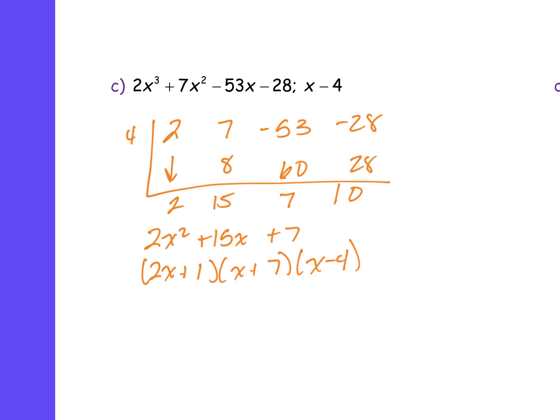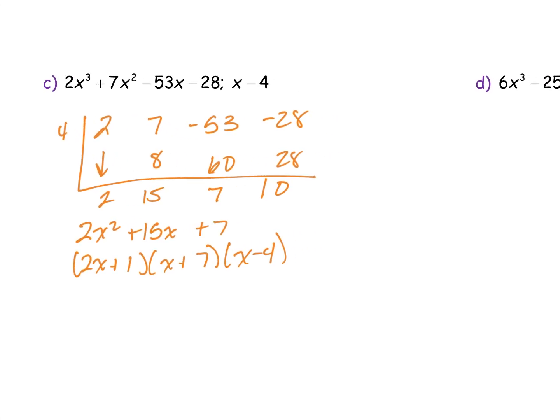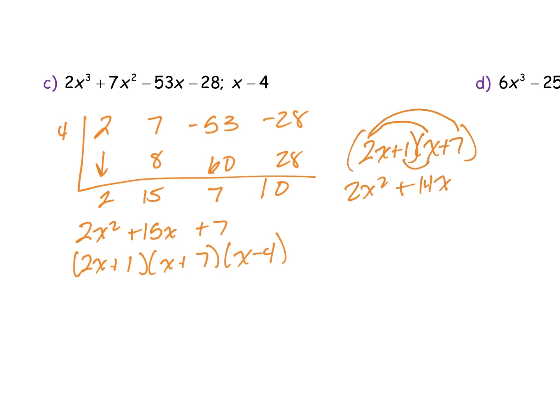So think about this. I'm going to rewrite this. I have 2x plus 1 and x plus 7. Think about multiplying this out: 2x squared plus 14x plus x plus 7. Factoring is just unmultiplying.